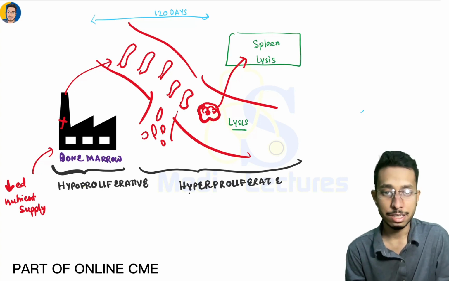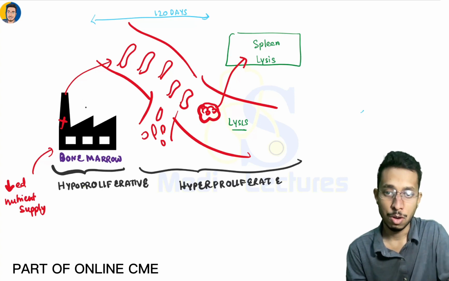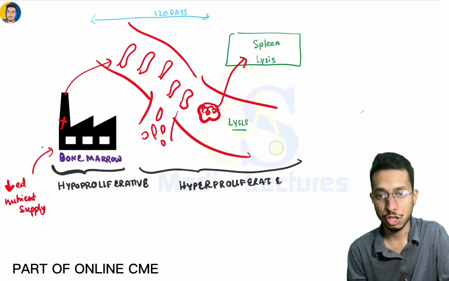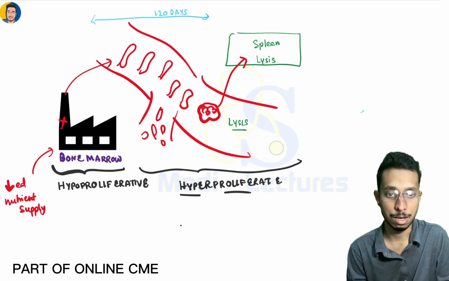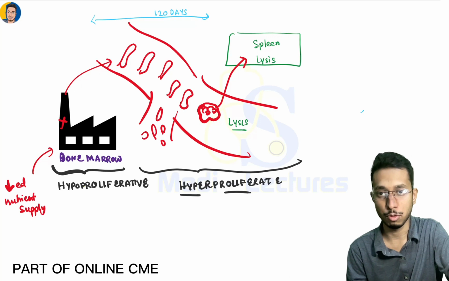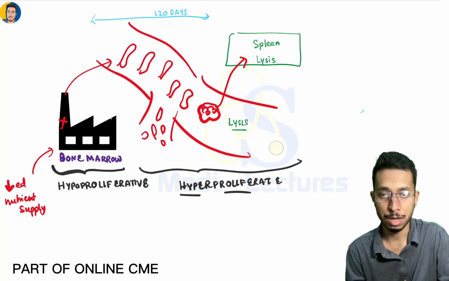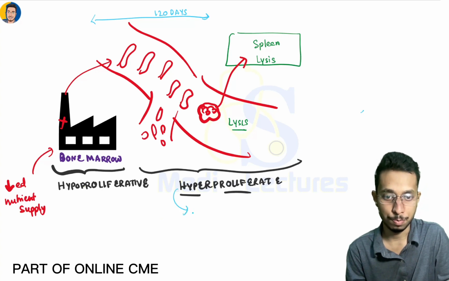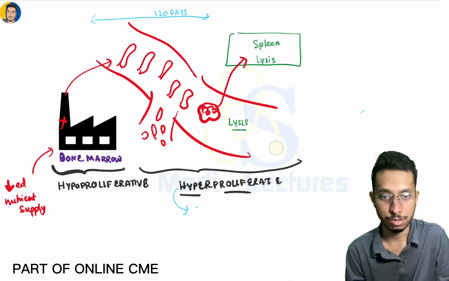Now, why is it considered hyperproliferative? When there is lysis at the level of the extremities, in the vessels or the spleen, or acute blood loss, the bone marrow gets overactivated and starts to work more, and that's why the term hyperproliferative comes. And when the bone marrow is working more, obviously immature forms of RBC will be released in circulation. So in a peripheral smear or blood examination we can identify them by counting the immature form of RBC, that is nothing but reticulocytes.